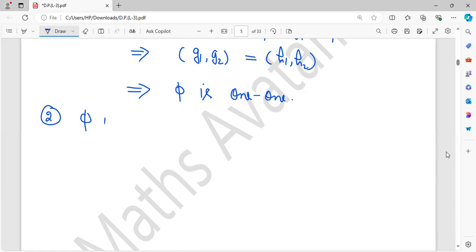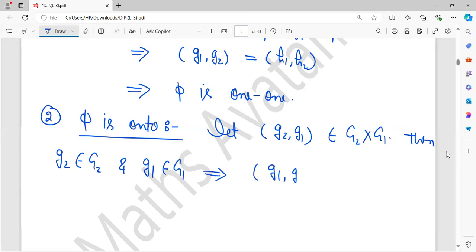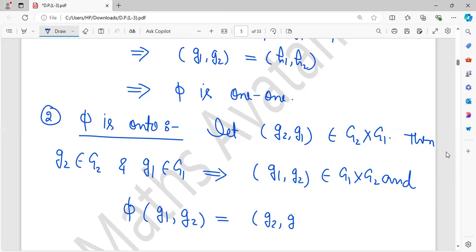Second, phi is onto. Let (g2, g1) belong to G2 × G1. Then g2 belongs to G2 and g1 belongs to G1. So this implies (g1, g2) belongs to G1 × G2. And phi(g1, g2) is equal to (g2, g1).